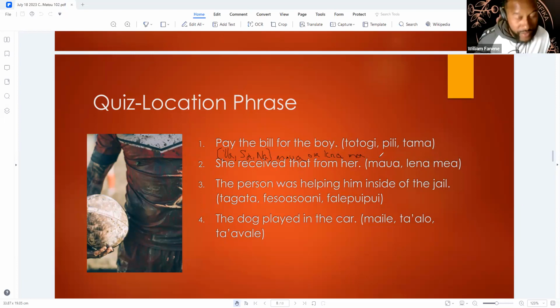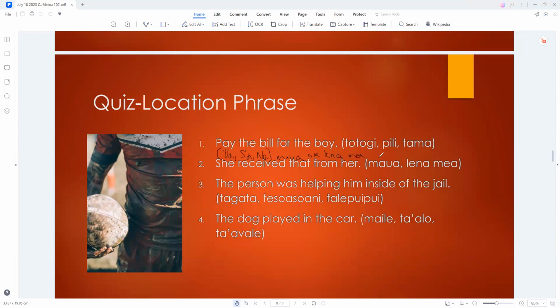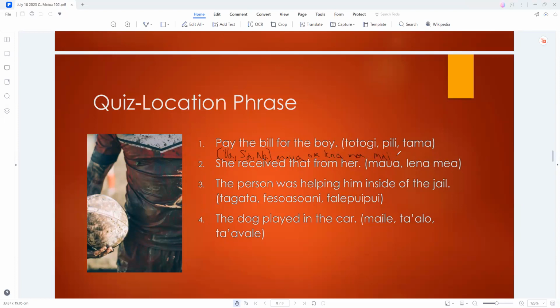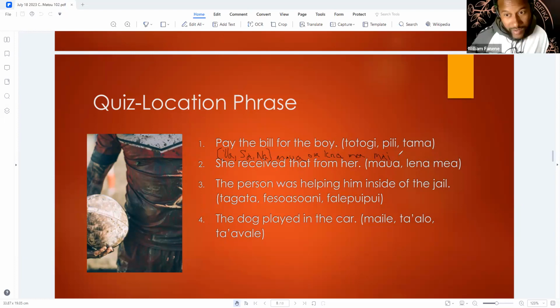This might not be fair because we just introduced this. So how do we say from? Maia. My, okay, my. And then what's after my? Okay, because we have a her, from her.